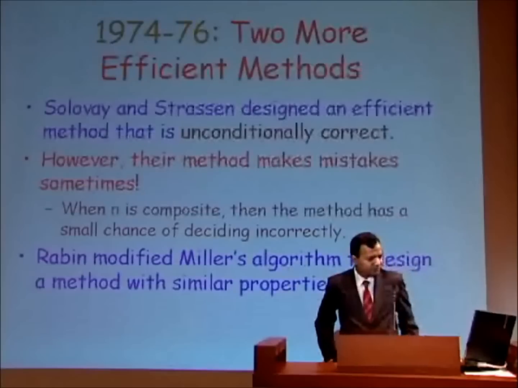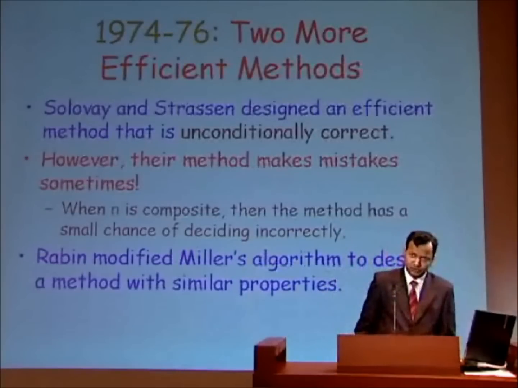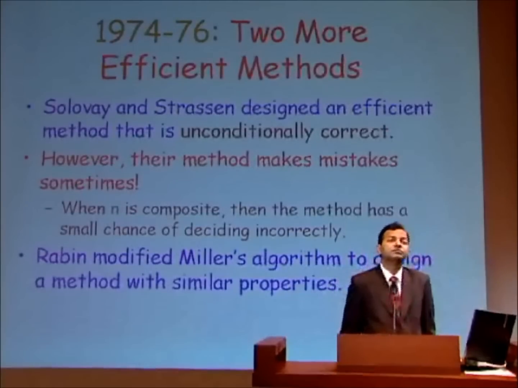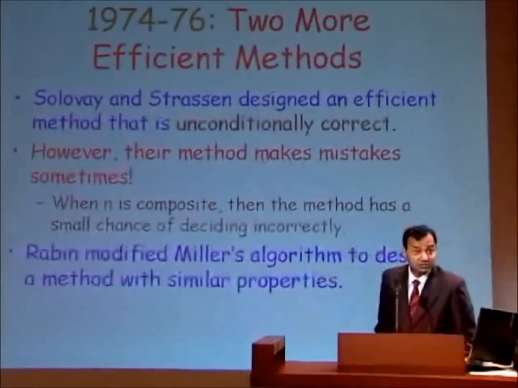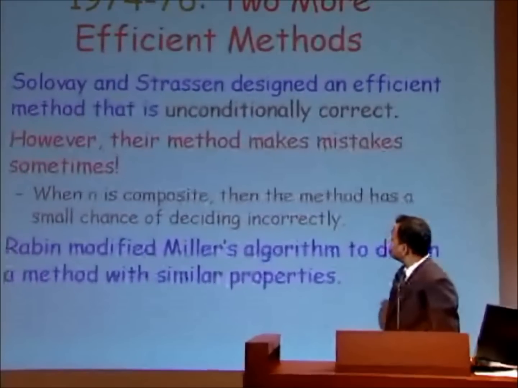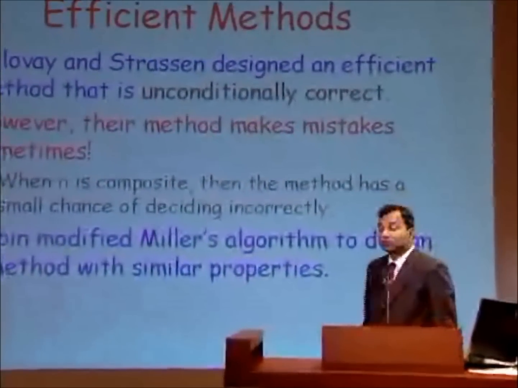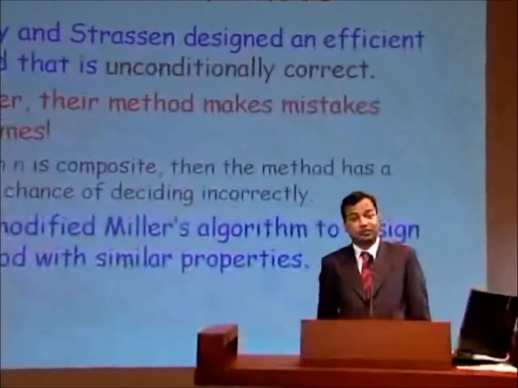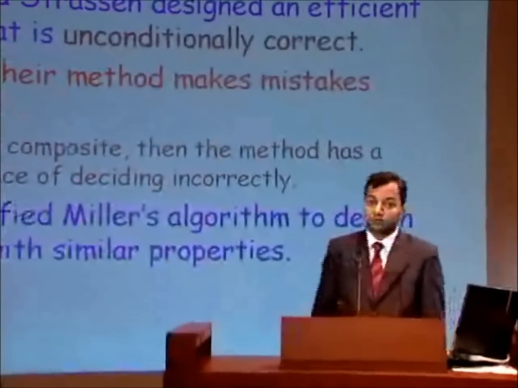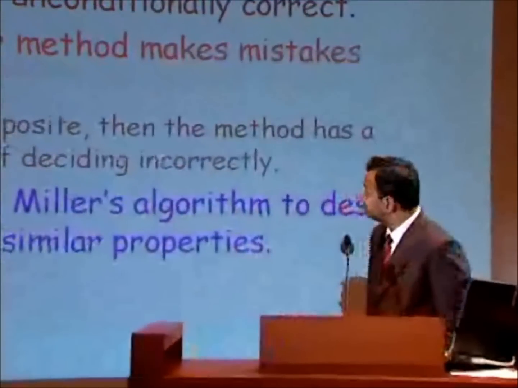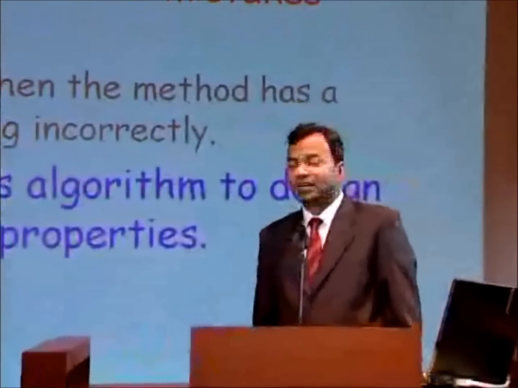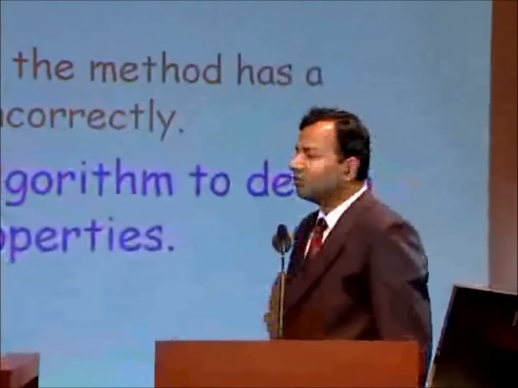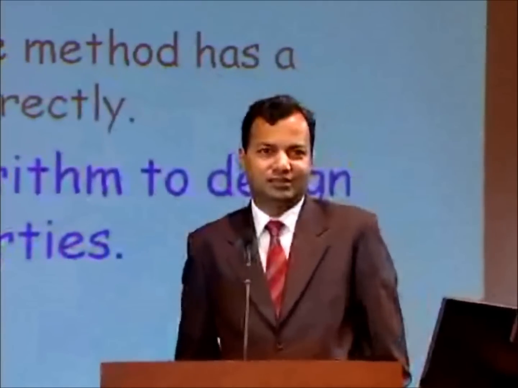And soon enough, within the next few years, 2 more efficient methods came about. One was given by Solovay and Strassen. Theirs was an efficient method which was unconditionally correct. It did not require one to assume any hypothesis. The slight glitch was that their method could make mistakes sometimes.